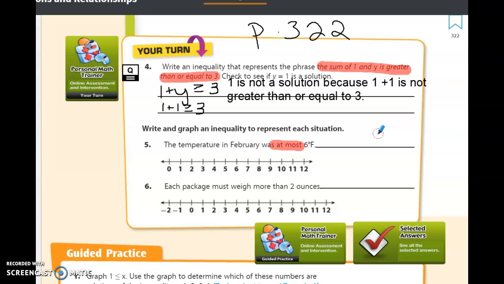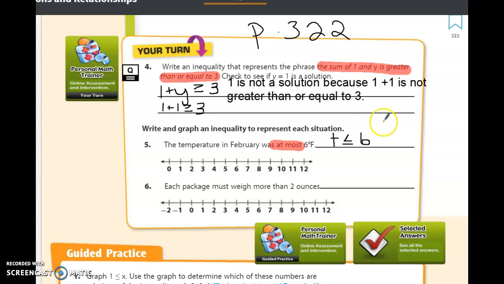It's not going to be bigger than that. So I'm going to say T for temperature. The temperature is going to be less than or equal to 6. It's not going to get bigger than that. So there is my inequality.